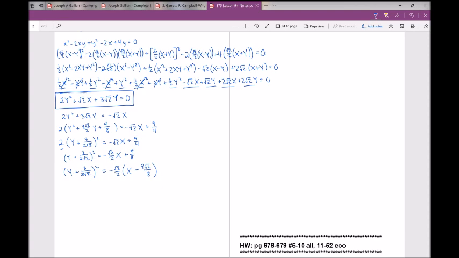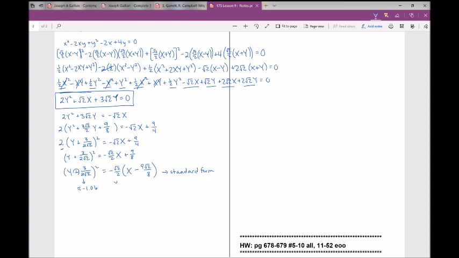So let's get some decimal approximations, just so we can guesstimate where these go. All right, so 3 over 2 root 2 is approximately negative 1.06, and I'm writing it as a negative because remember when we have a plus sign inside of the parentheses, that actually tells us that the y-coordinate of our vertex is a negative number, okay?